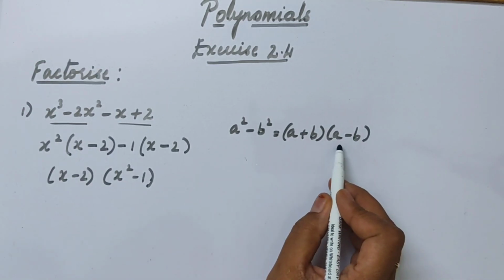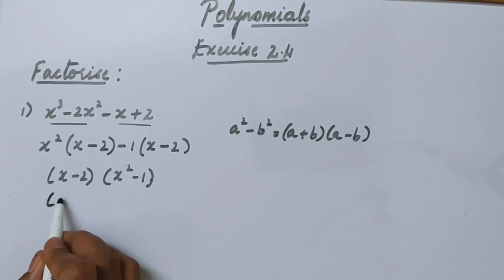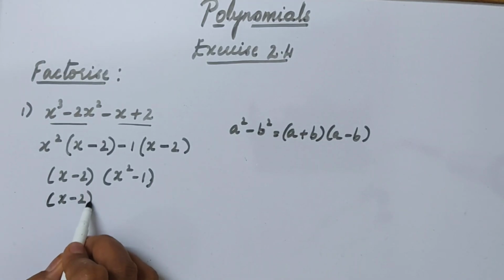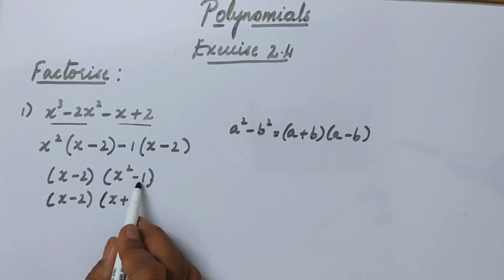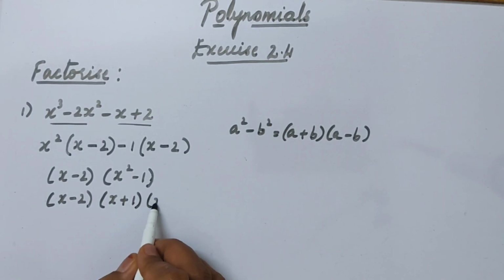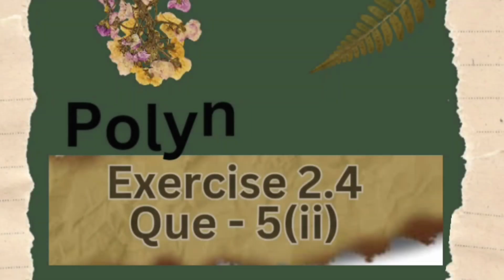So we are going to apply this identity here, a plus b into a minus b. This one I am going to write as it is. This one is a plus b, second term, a minus b. That's it. I hope this is clear to you all, students.